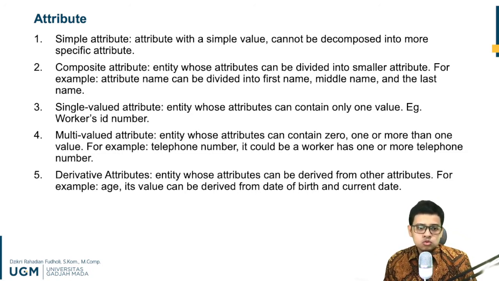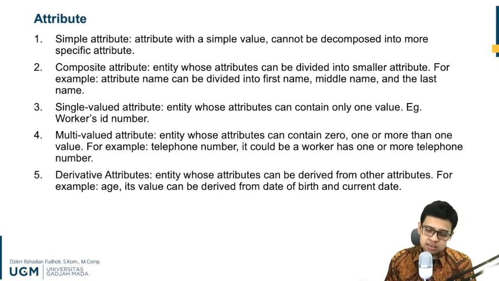Next, we are going to talk about the single valued attribute. A single valued attribute is an attribute that can only contain one value. For example, the worker's ID number.